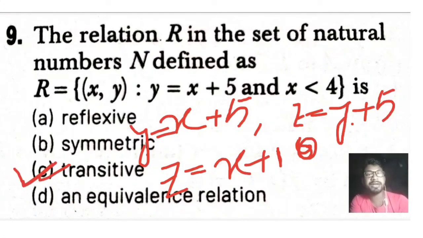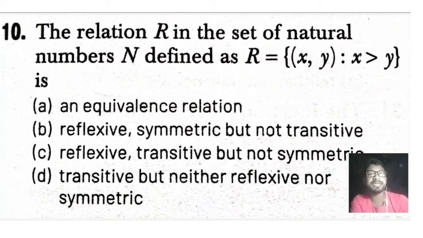Okay, now goes to another question, and this is the last question for part 1 video, and again we will be back for the next video quickly because we have to complete 40 questions from this chapter. Now question number 10.